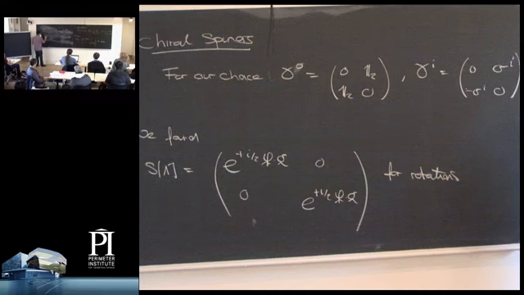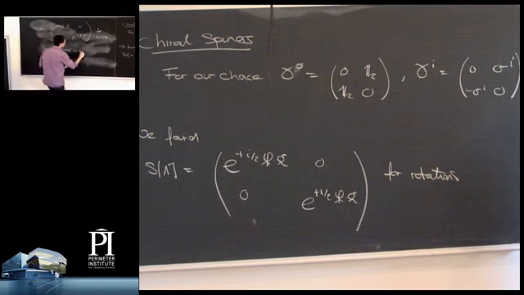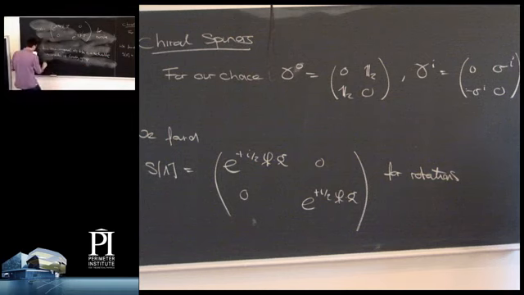So this is block diagonal. So this is a reducible representation of the Lorentz group. And it decomposes into two irreducible representations.